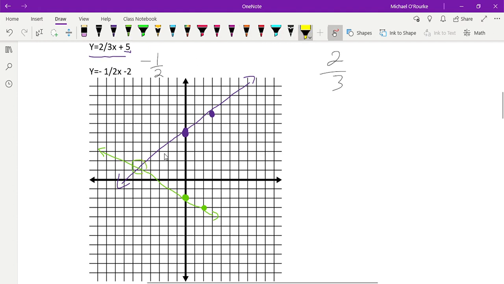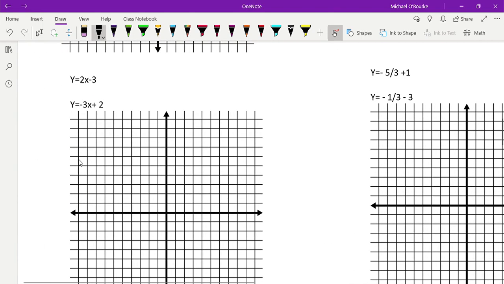Not perfect. 1, 2, 3, 4, 5. I have negative 5, personally. Yeah, I got that. Was that right? Yeah, that's good. That's better. Good. So let's do another one.